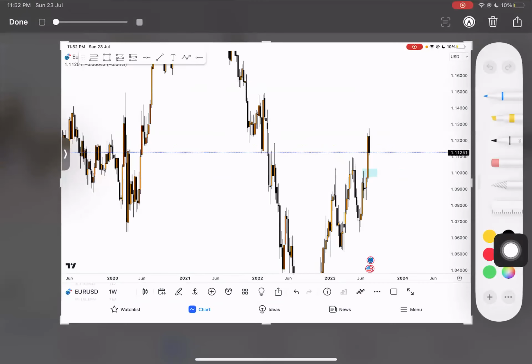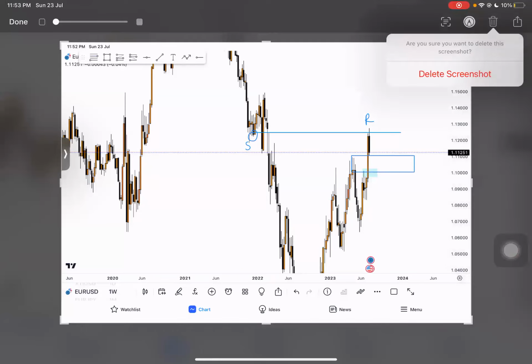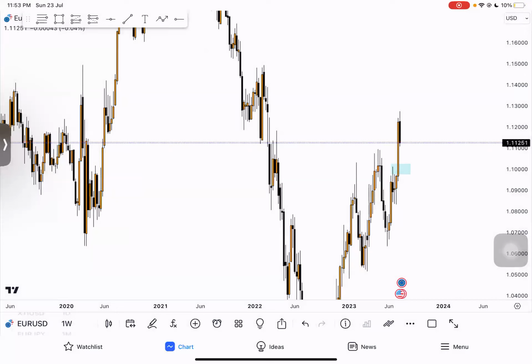You can see this one is the previous support, then a breakout of the support, and this is the retest. So I would say most likely it comes to the previous area, somewhere there. Focus on sell first for Euro USD.